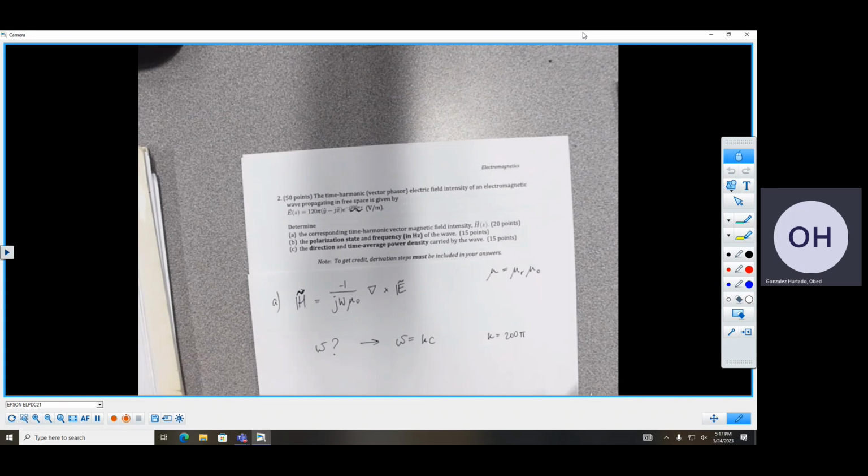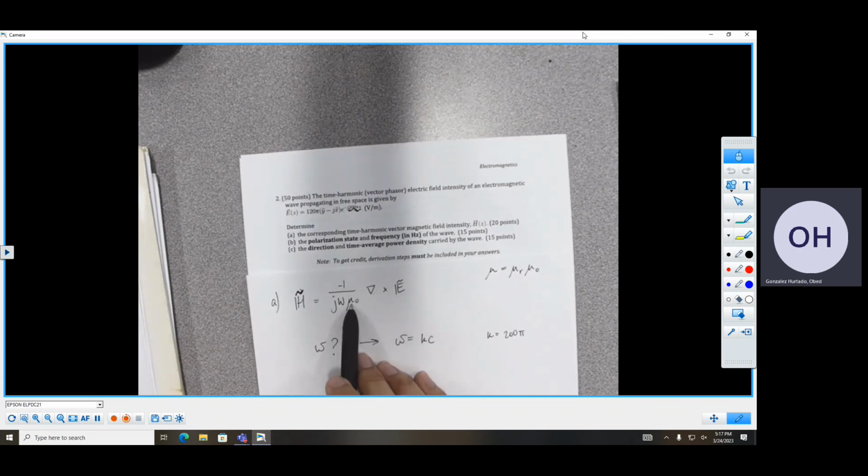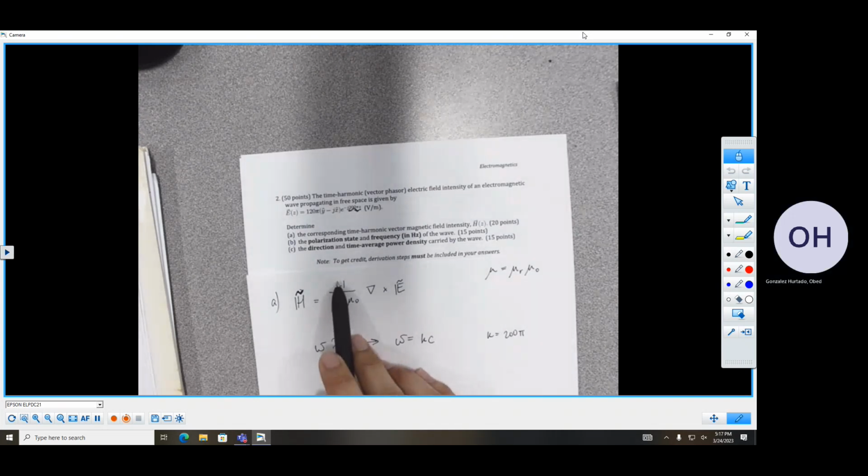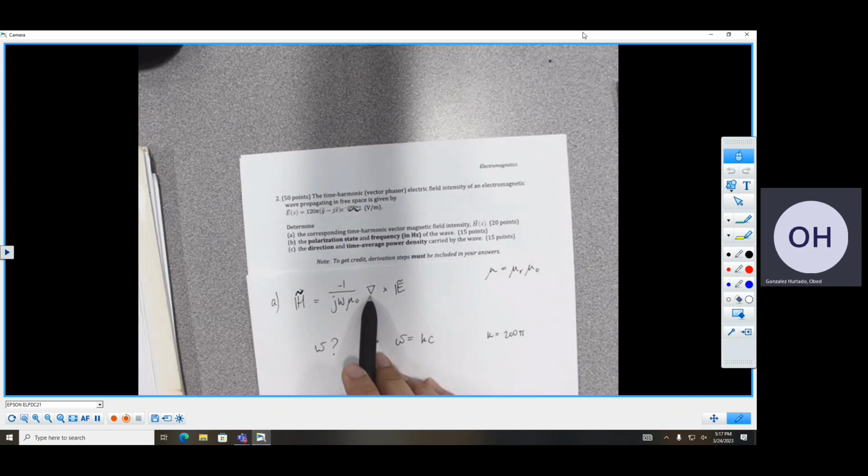And same thing, know that C is the speed of light. U naught is 4 pi times 10 to the negative 7.